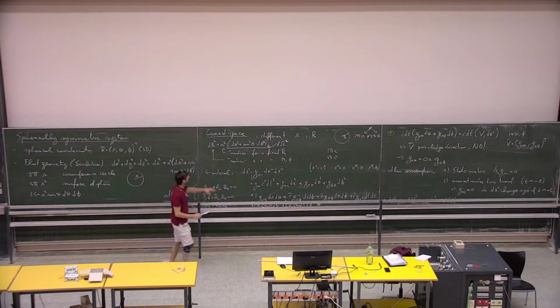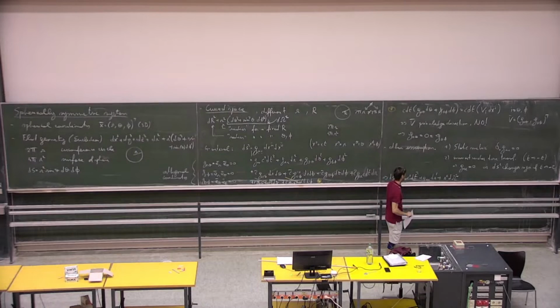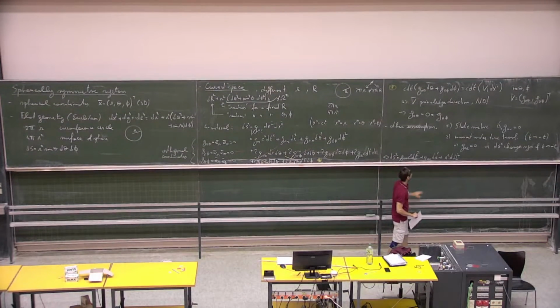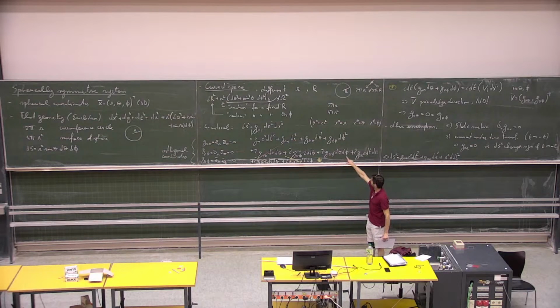So we can call it the omega squared, which is all of that. And this gives you the coefficients for the g theta theta and g phi phi.